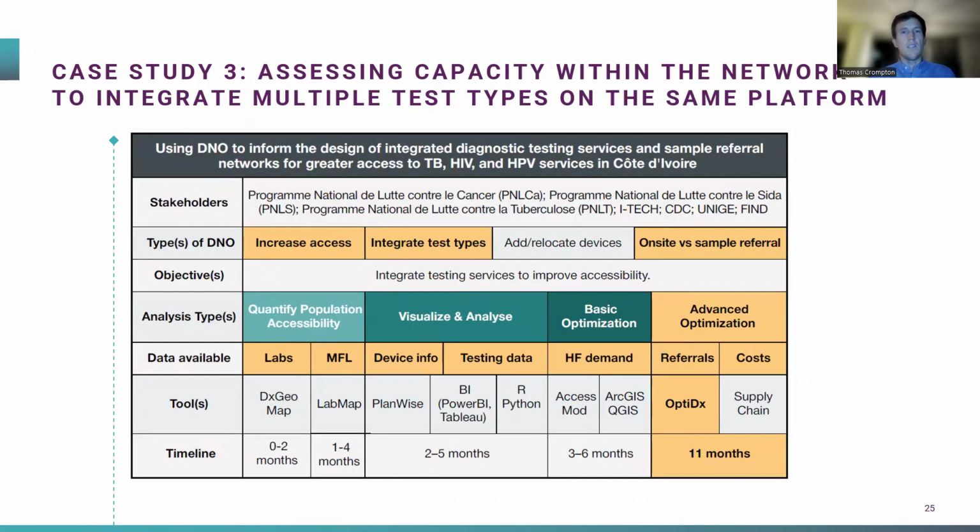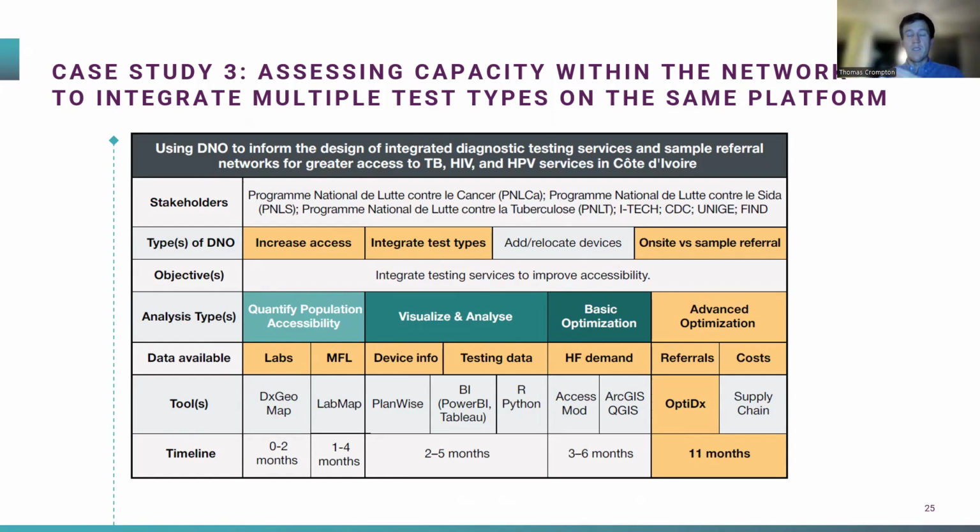Our third and last case study was in Cote d'Ivoire, and this one was a little more complicated. So here they wanted to increase access, integrate tests, as well as look at on-site sample referral. And here they want to integrate testing services to improve accessibility. And this project took a lot longer, and they collected all of the information. So they had data on where the laboratories were, what devices they had, how many devices, how many modules, where all the facilities were.